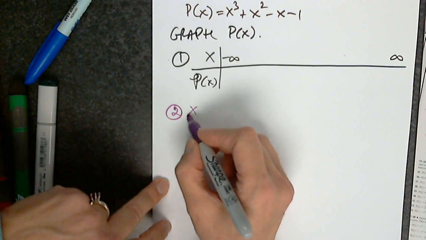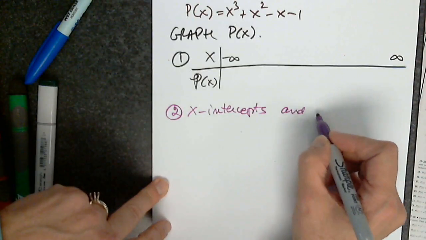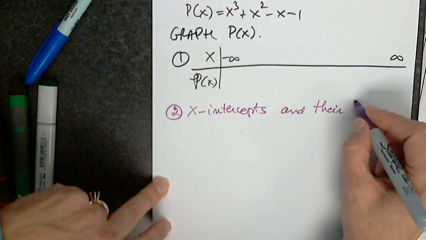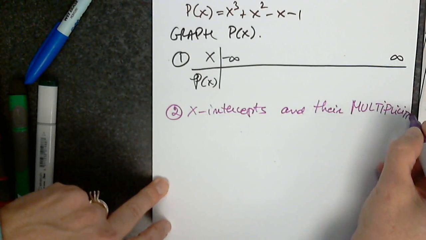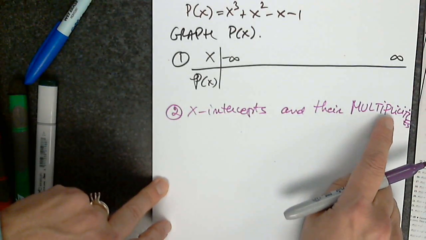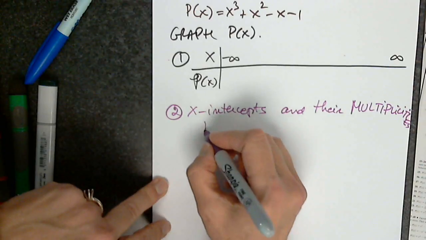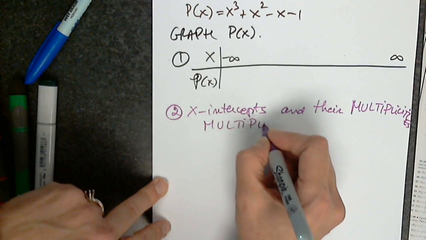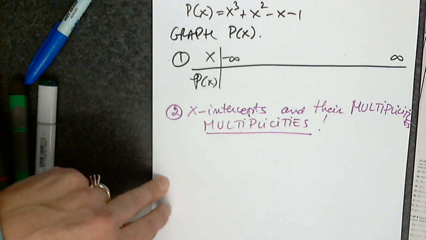I have to find the x-intercepts and their multiplicities. Sorry, I didn't have enough room. I can write the word one more time here. What is that?